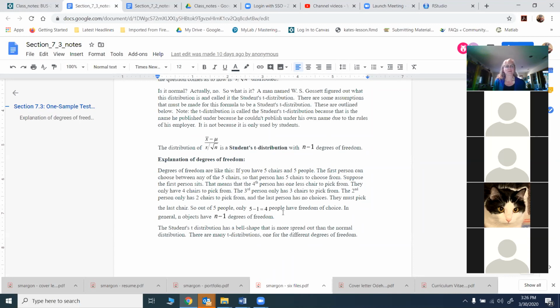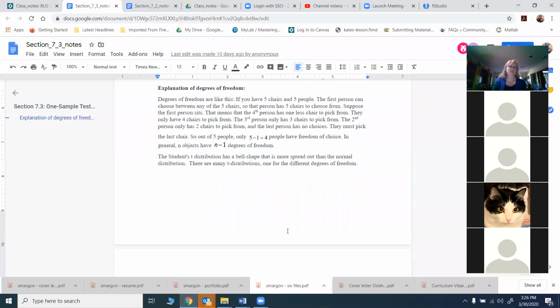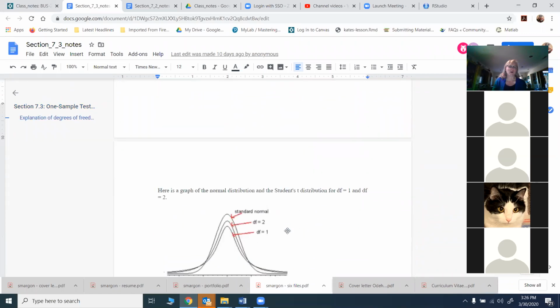So if you start with n data values, say 1,000 data values, you actually only have 999 freedoms of choice, because the last value gets no choice. Even if we start with 1,000 people taking chairs, only 999 of them would get a choice. And that's really a good understanding of what degrees of freedom is and how it works.